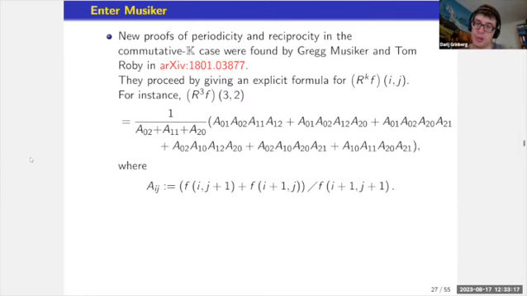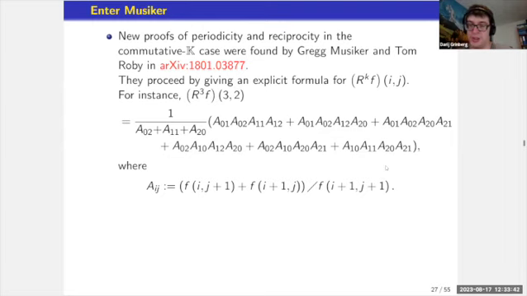There was another approach by Greg Musiker and Tom Roby. This one was much more explicit. It relied on an explicit formula for the label at a given vertex after a given number of row motions. This formula is pretty complicated. This is a sum over families of non-intersecting lattice paths in a certain lattice.